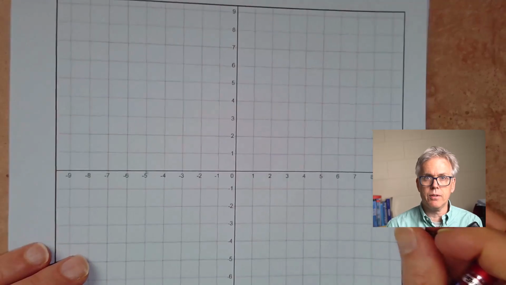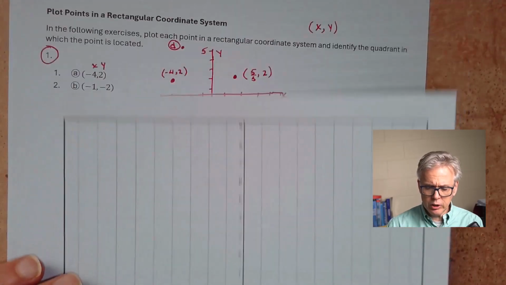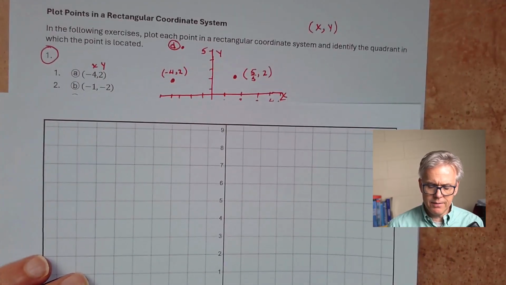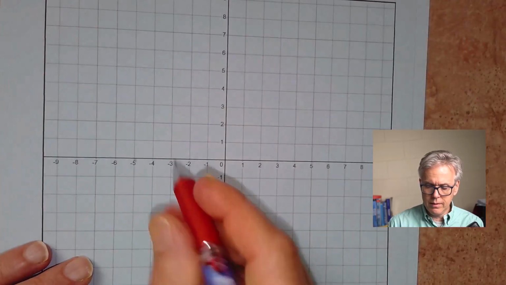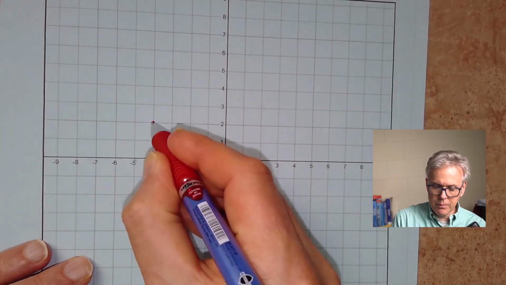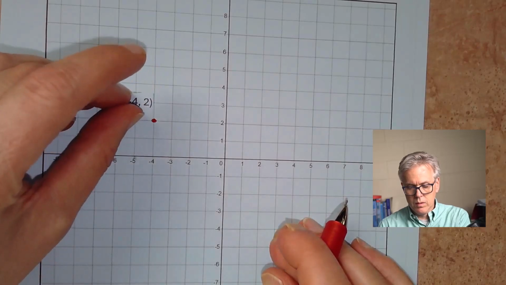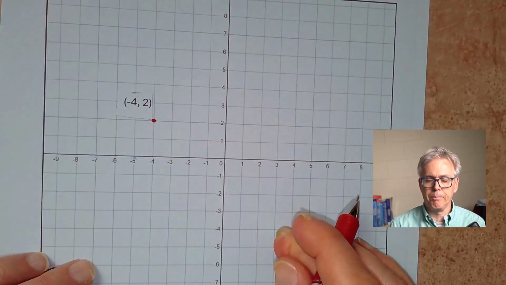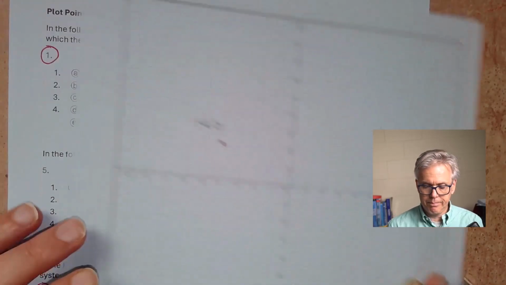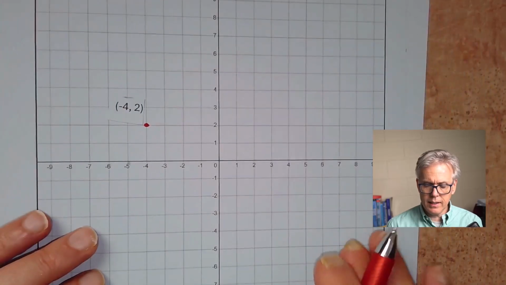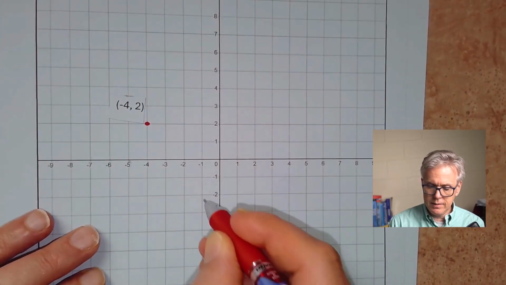Now, better, of course, if you can use a coordinate grid. So for instance, I might not do all these, but -4, 2. Well, I have -4 and then up 2. So that's that point. -1, -2. So over -1, down 2.